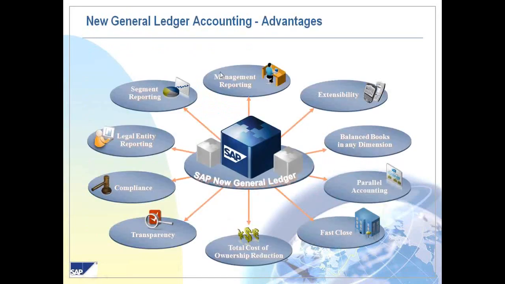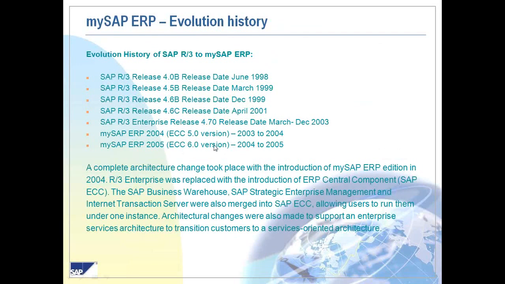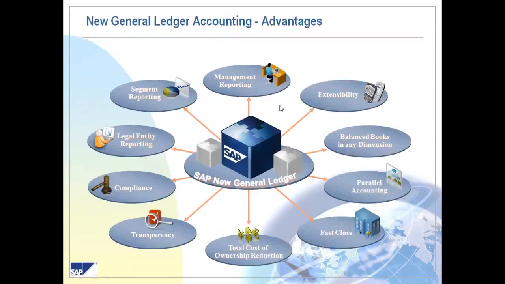I would like to explain the new GL concept, which is available within the ECC 6.0 version. Of course, it is also available in 5.0, but more extensively in 6.0. SAP new GL supports legal entity reporting.